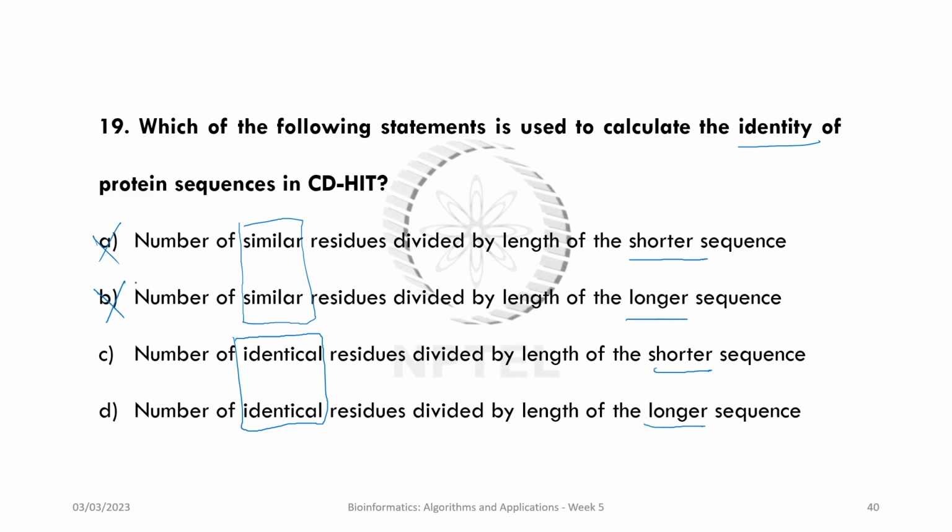This is where the difference comes. It is the shorter sequence, right? Because when you're comparing the identity of two sequences of varying lengths, if you have so many identical, you have to divide it by the length of the shorter and not the longer sequence, correct? So option C is the right answer.